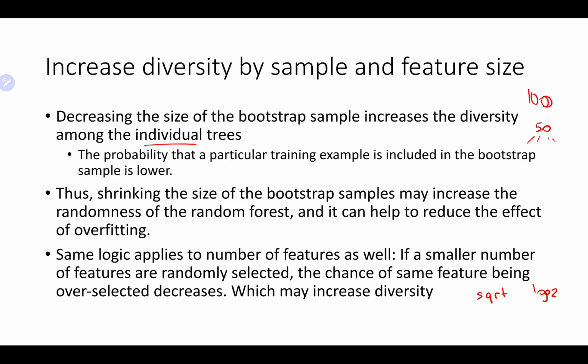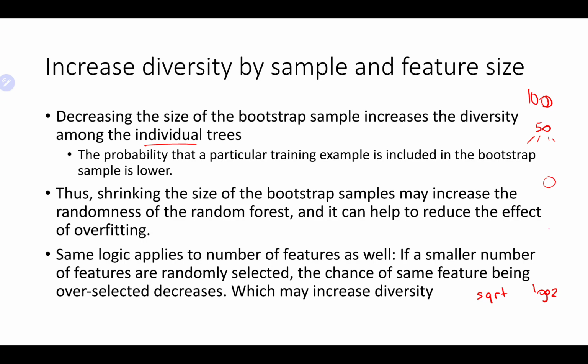But if you decrease it to some reasonable value, then the trees created will be less similar to each other. Because here the main idea is that if there's some good feature, every time it's selected at a node, it will be used for the splitting, because it will have a dominance over the tree. And if that feature was chosen over many trees, then those trees will show similar behavior.